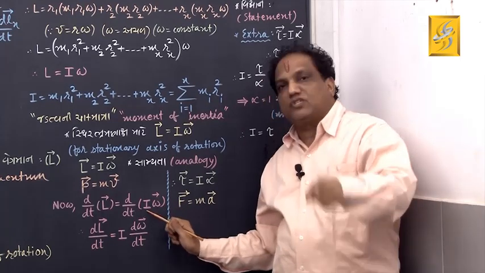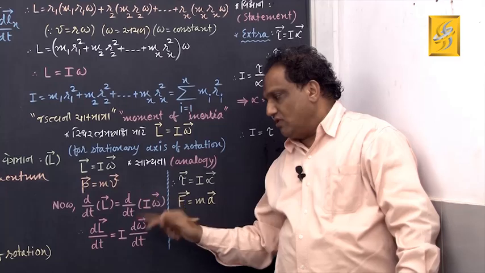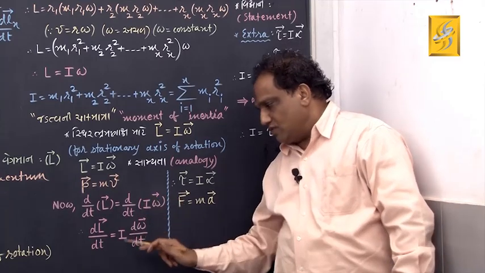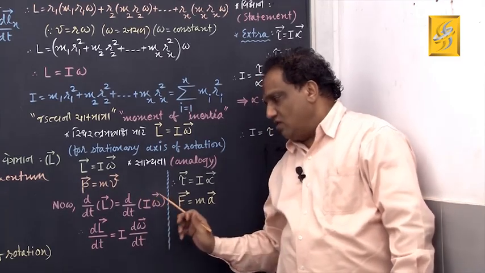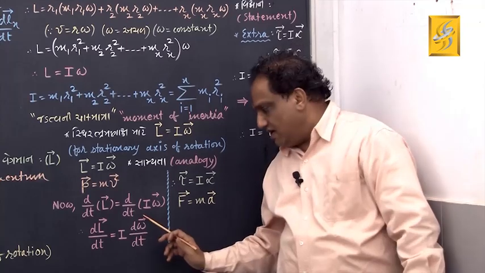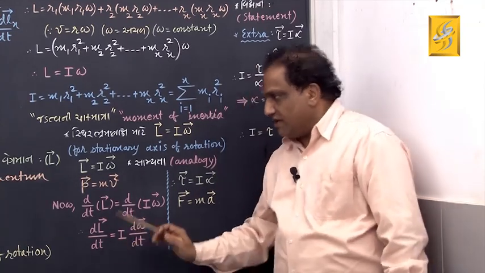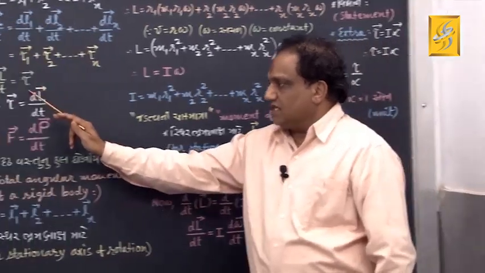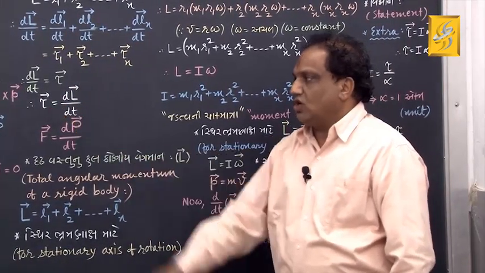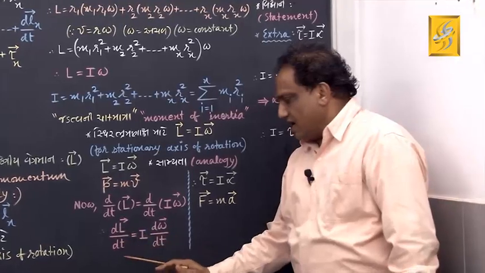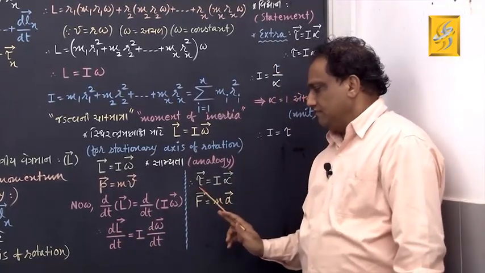Because I is constant, you can take it out of the derivative, and then what is left is vector d omega by dt. What is vector dL by dt? Just now we have proved it to be equal to vector tau. So this can be replaced by vector tau.